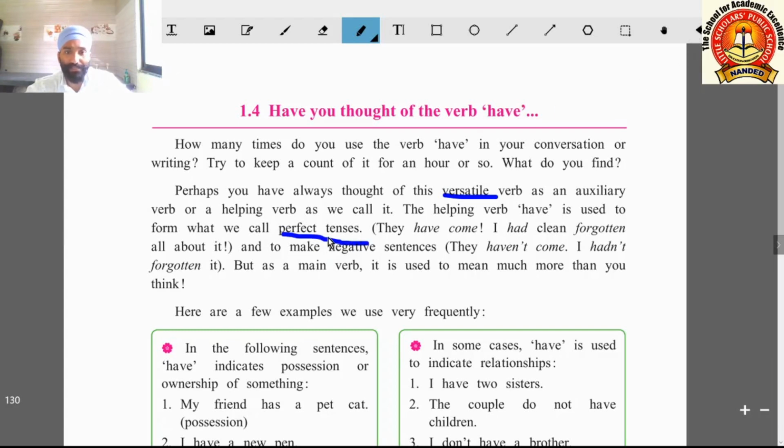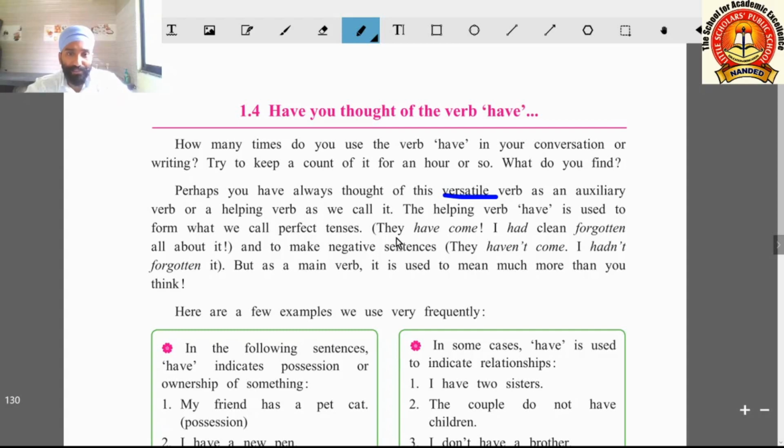If present perfect tense is there, we use have. If past perfect tense is there, we use had. If present perfect continuous is there, we use have or has plus the verb with the ing form. And this is how we form tenses using the helping verb have.